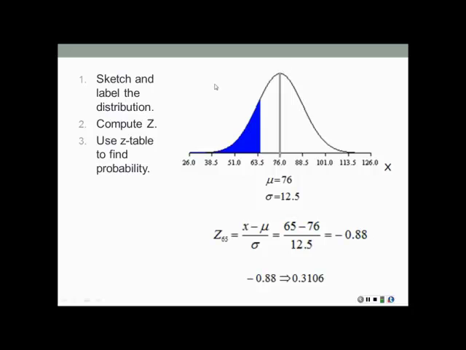We know from the mean down is 0.5, and from here to here is 0.3106. So when we calculate the area in the tail, we're going to take 0.5, the area below the mean, minus the 0.3106, the area between 65 and 76, to get 0.1894, which is the area below 65, the area that I have shaded here.